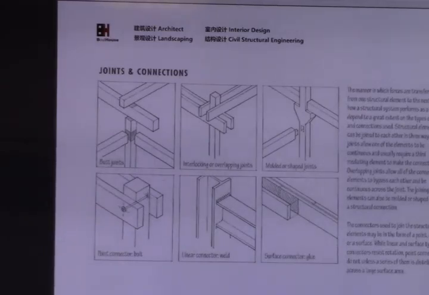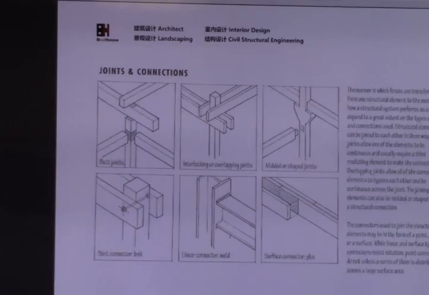There are a lot of joints, a lot of connections for the structural members. Generally speaking, there are some typical connections here. Basically, for example for structural steel, we only have two connections.